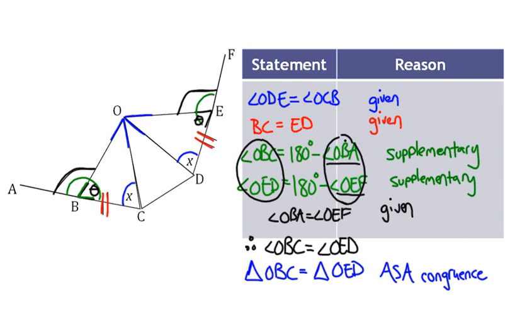Now what we know about congruent triangles is that all of their corresponding sides and all of their corresponding angles are equal. Therefore, at the very end of this proof, we can actually say that angle BOC is equal to angle EOD.